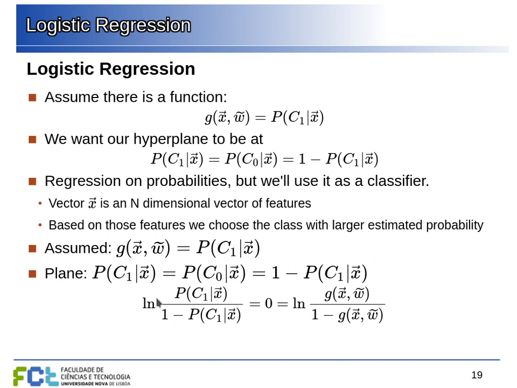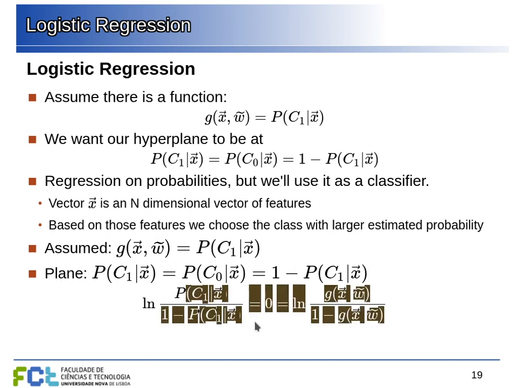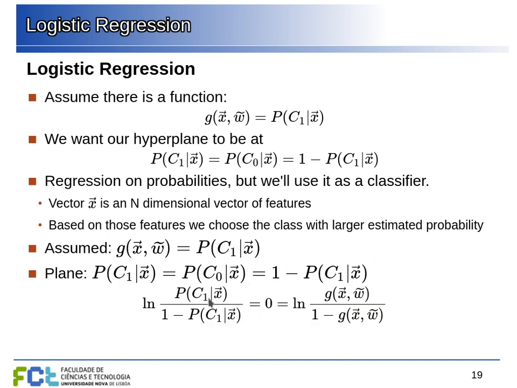So, based on these features, if we assume that our function gives us an approximation of these probabilities, and that's what we're trying to do, then at the hyperplane, the logarithm of this fraction, the probability of belonging to class 1 over 1 minus the probability of belonging to class 1, should be 0, because these two should be the same.